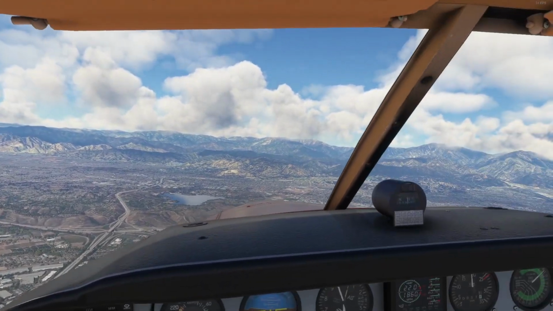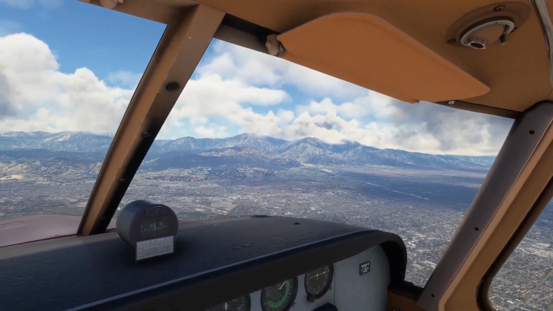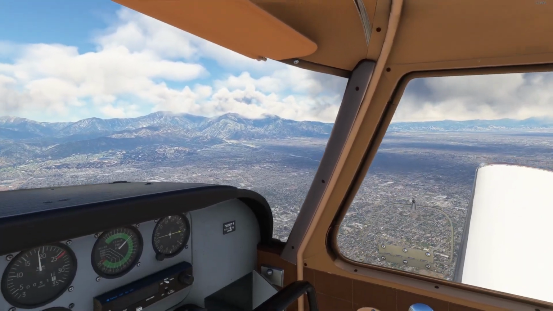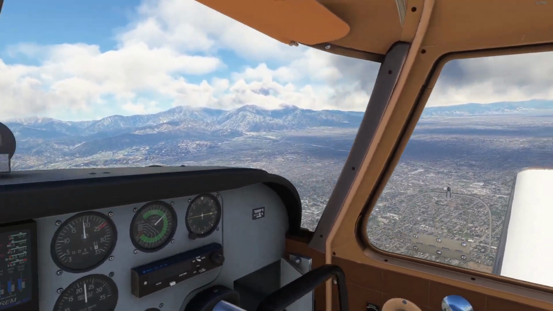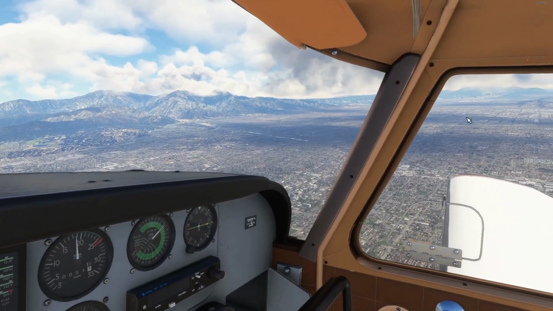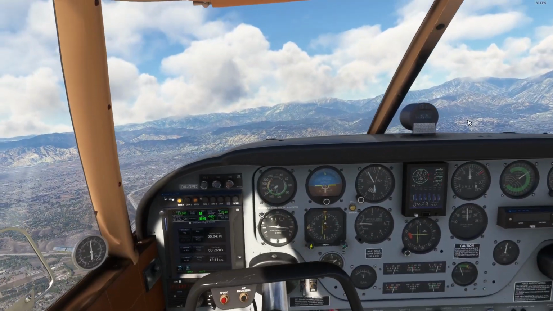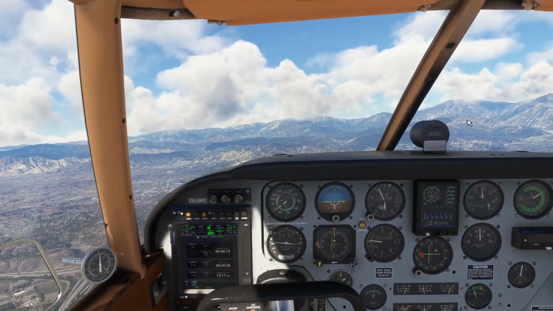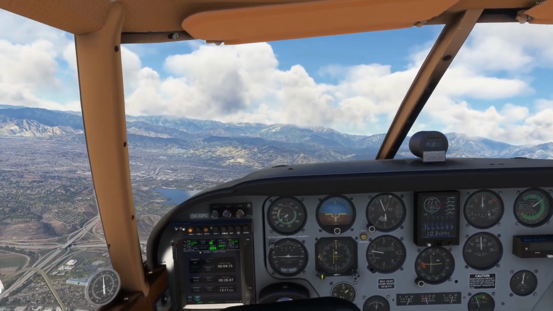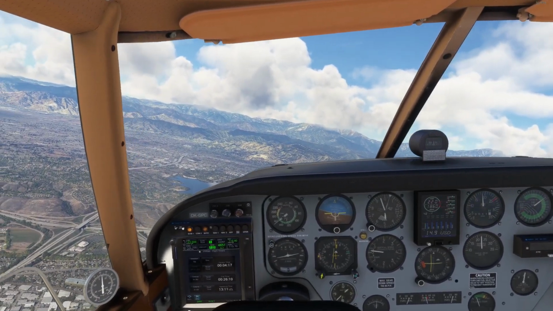It's a nice scenery here. Should actually be able to see Cable somewhere. Is it that one? It's probably that one. Anyway, let's try to get back on track.